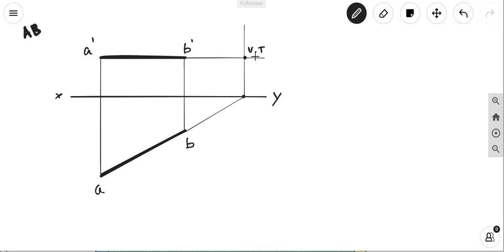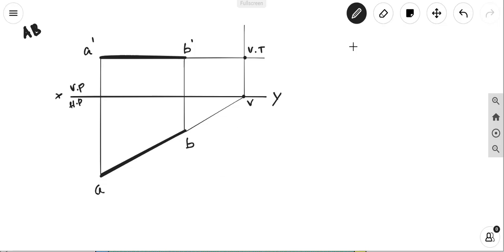When we are talking about vertical and horizontal planes, what is above the XY line? It is the vertical plane. What is below the XY line? This is the horizontal plane. So VT can only be seen in the vertical plane. Therefore, in the front view you will mark the VT, and here you will mark it as small v.